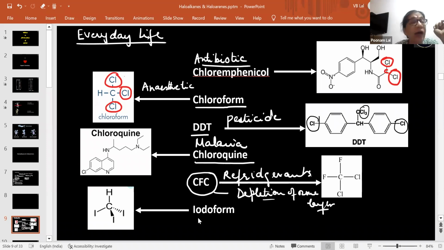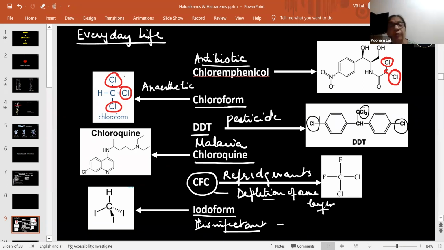The last one here is iodoform. Iodoform is a very good disinfectant. Disinfectants are used, for example, for floor cleaning. Similarly, disinfectants are largely used in hospitals because they help in removing all the bacterial infections.